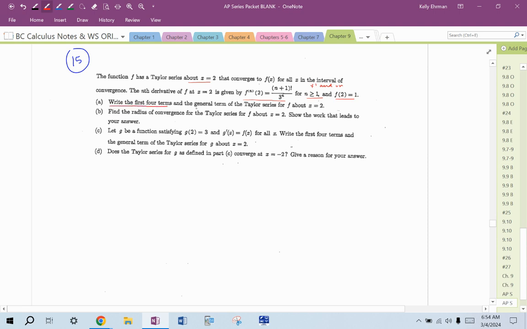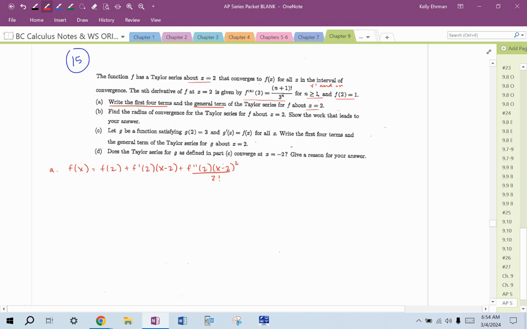Write the first 4 terms and the general term of the Taylor series for f about x equals 2. So just build it first. Let's just say f of x equals, we're around x equals 2. So f of 2 plus f prime of 2 times x minus 2 plus the second derivative at 2 times x minus 2 squared over 2 factorial.